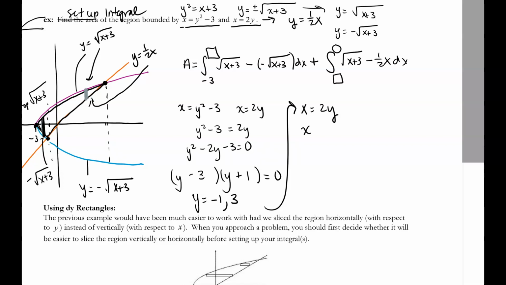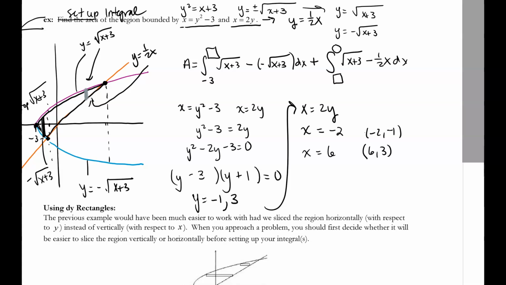When y is equal to -1, 2 times -1 would give us -2. So we have that ordered pair, -2, -1. And when y is equal to 3, x is 2 times 3, so 6. So we have that other ordered pair of 6, 3. And we actually don't really need those y values at all.